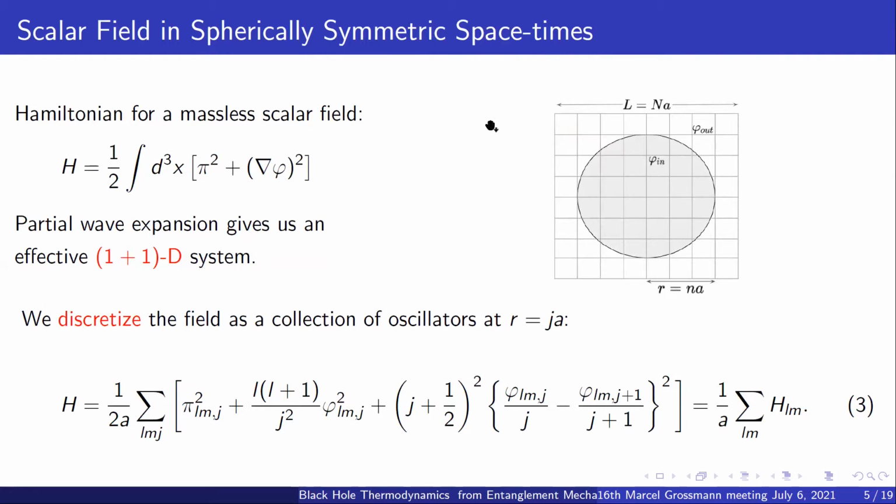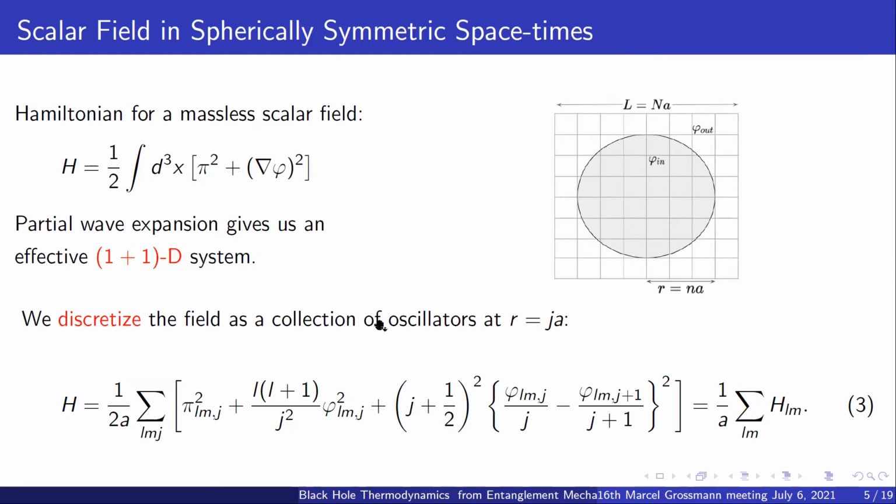So I'll start off with the model that we'll be using here. This is a simplified version, just for the sake of understanding, but the calculation for black hole spacetimes is much more complicated than this. In order to start off, I'll look at the Hamiltonian for a massless scalar field propagating in a flat spacetime in 3+1 dimensions. If I assume spherical symmetry of the system, then I can perform partial wave expansion of the scalar field and effectively reduce it to a 1+1 dimensional system.